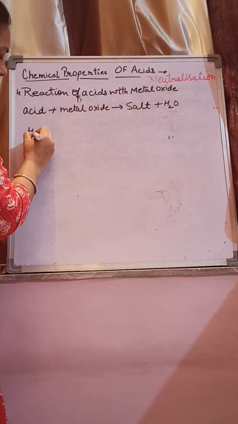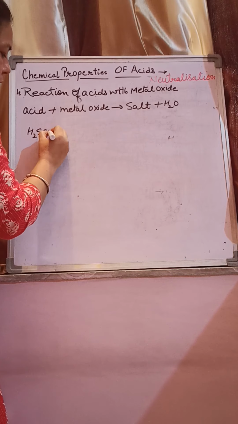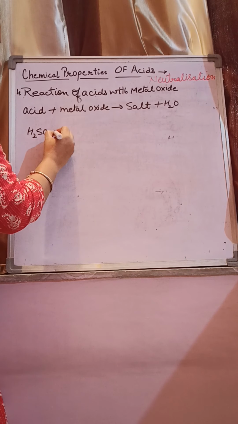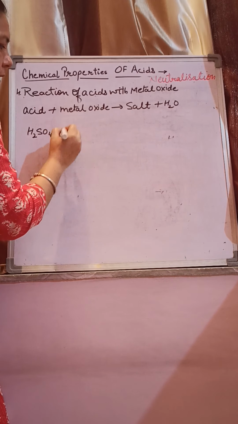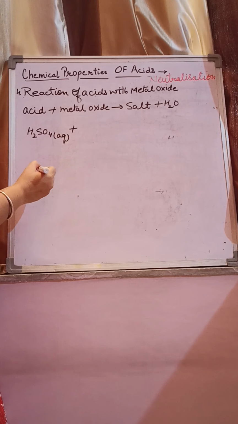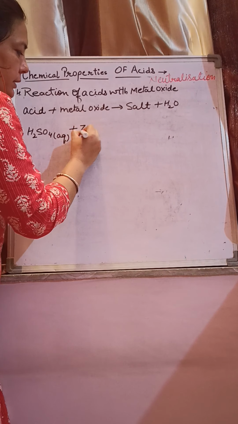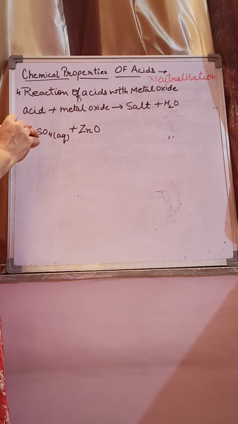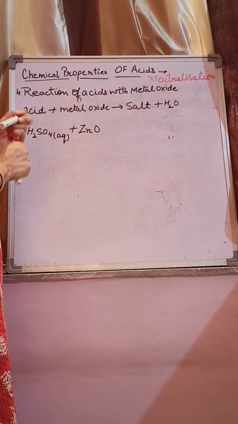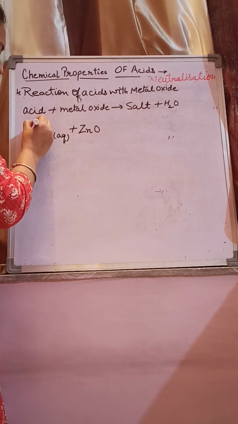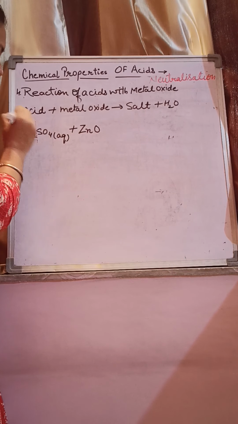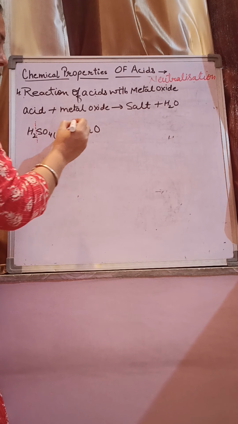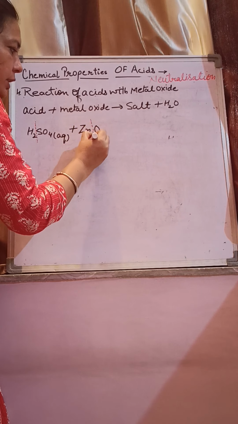For example, if we take an aqueous solution of sulfuric acid, you can take any metal oxide, say zinc oxide. Again, we will follow the same trick. I will divide the acid into two parts, positively charged and negatively charged.